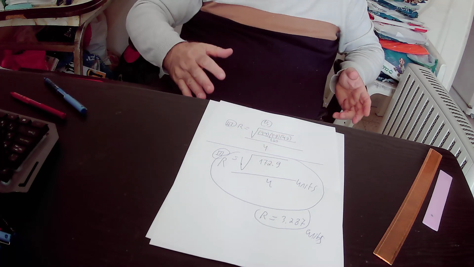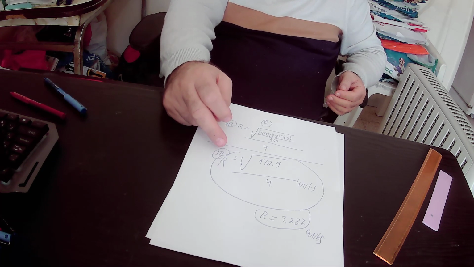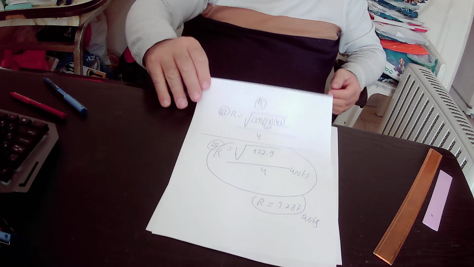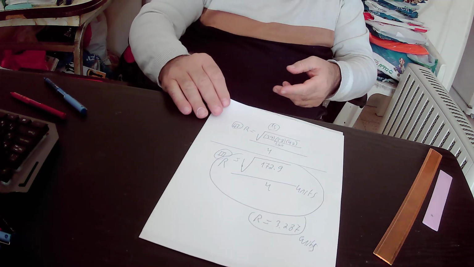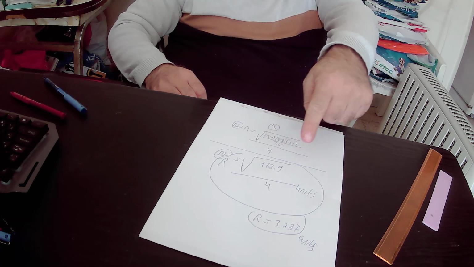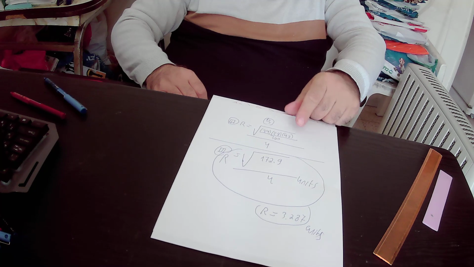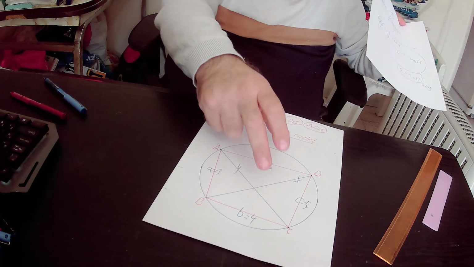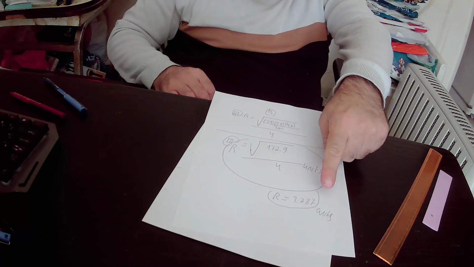So we found out that the radius of this circle equals either the root of 172.9 over 4 units, or in terms of numbers, the radius of this circle equals 3.287 units.